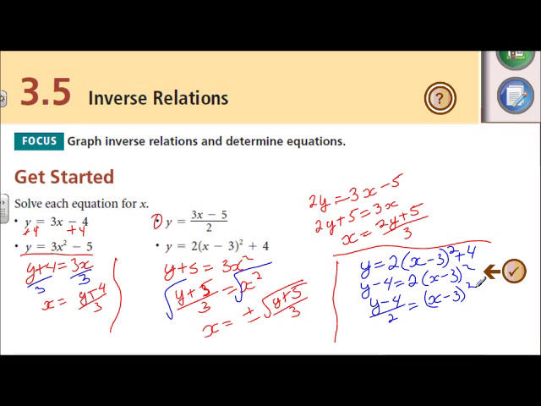Square root, but remember to put plus and minus. So plus and minus square root of (y minus 4) over 2 equals x minus 3. And last thing, let's add that 3 over. We like to put it in front when we've got plus and minus happening. So we're going to say x equals 3 plus and minus the square root of (y minus 4) over 2. Done deal.